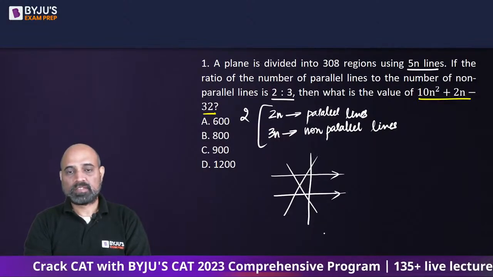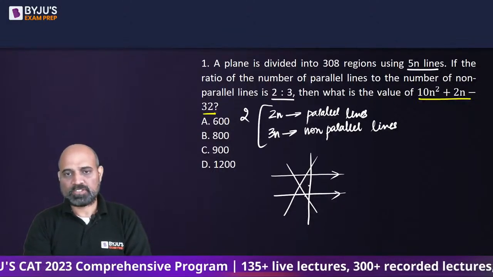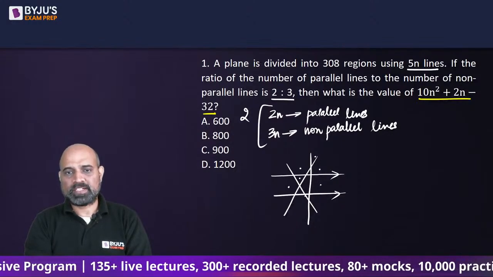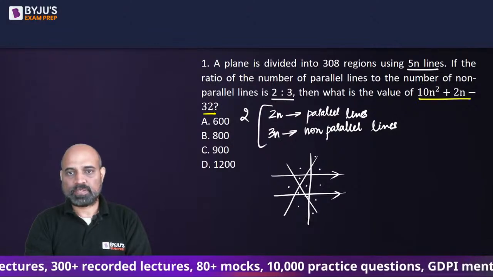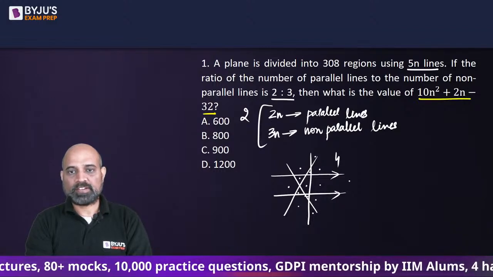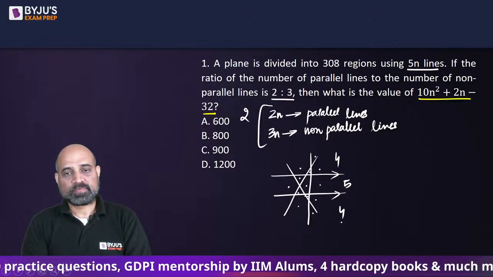Non-parallel, right? They may intersect at this point, they may intersect at this point, something of that sort. So the total number of regions that we can see, one of the possibilities is going to be these many regions. So this is going to be 4 above, and then we have got 5 below, and then again we have got 4 below, right?